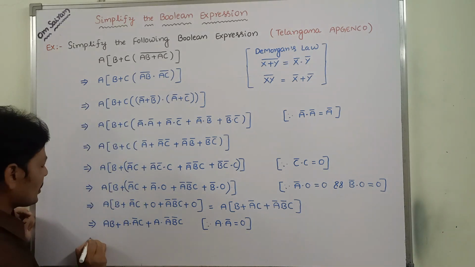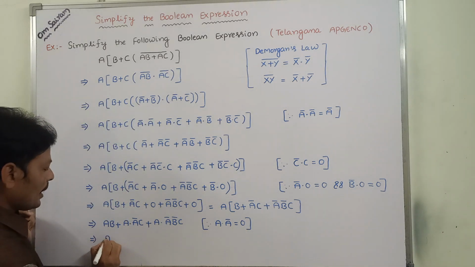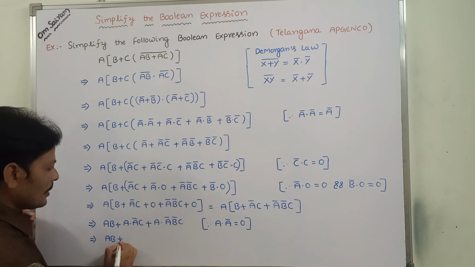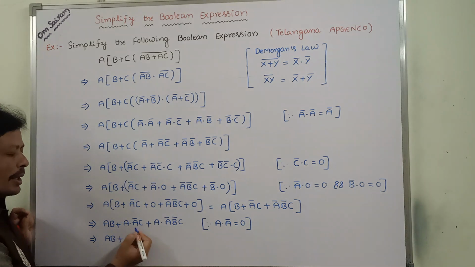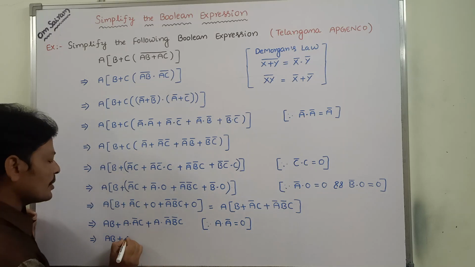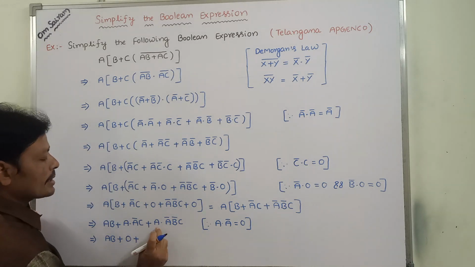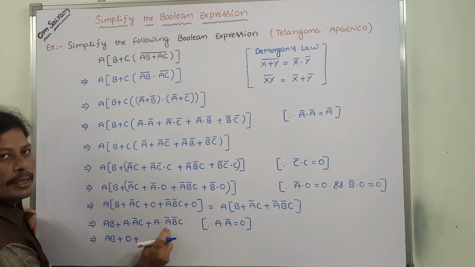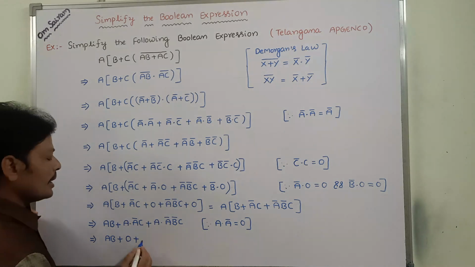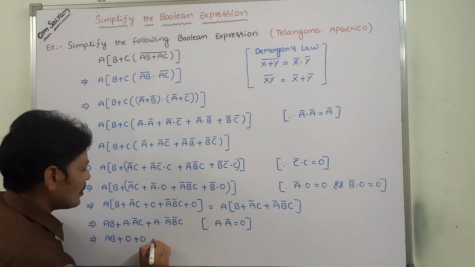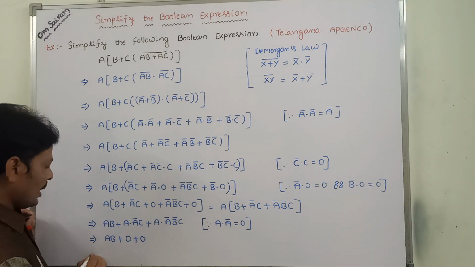Now this expression becomes AB plus, here A into A bar is 0, 0 into C is nothing but 0. Next, A into A bar is 0 multiplied with B bar C is 0. So now it becomes AB.